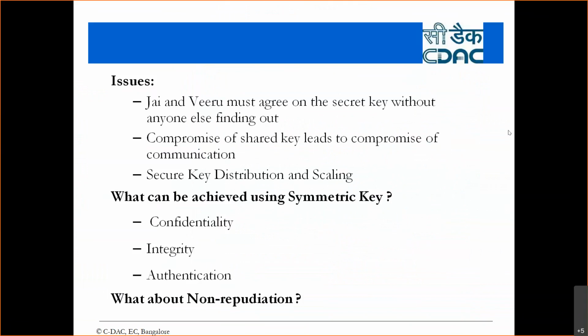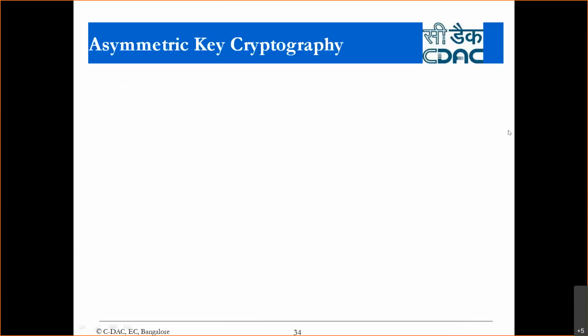This is where we had stopped our session. We have taken a break at this particular point, and I have given you the example of why symmetric key cryptography cannot provide you non-repudiation. That is where we need to go for asymmetric key cryptography in order to achieve the non-repudiation property as well.